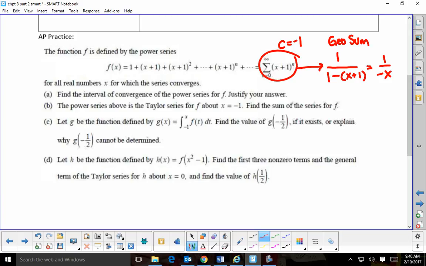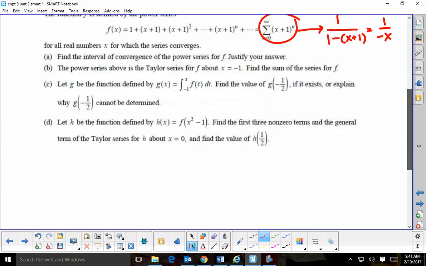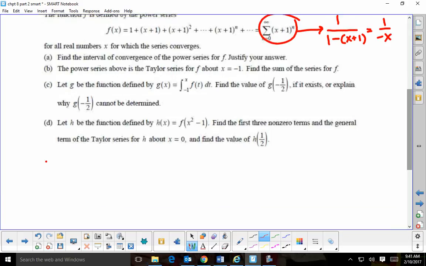which is from what we just learned. This is what type of series? Geometric. So instead of doing the ratio test, I'm going to use my geometric test on the original. And you would still get full points, and I bet half of you will still do it on the test. So no worries. But it says, find the interval of convergence.